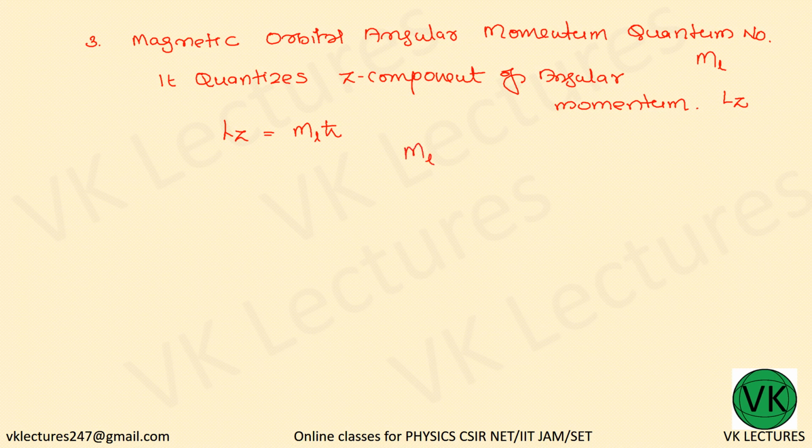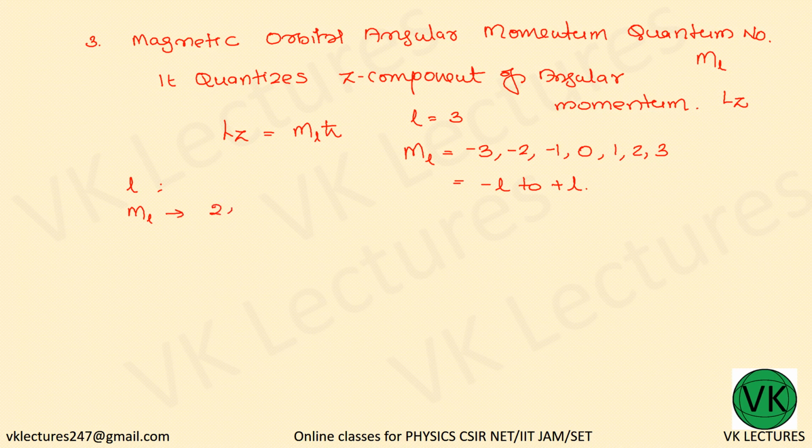Ml can have, for example, if L is equal to 3, values from -3, -2, -1, 0, 1, 2, 3. So the values are from -L to +L. If you have the orbital angular momentum quantum number L, how many ml values are there?